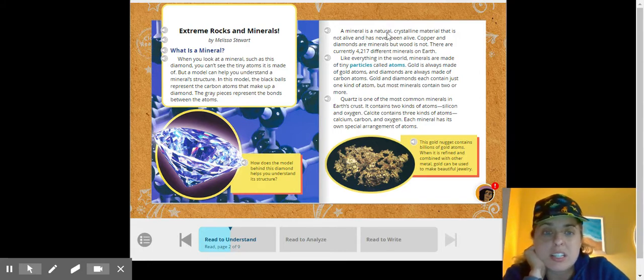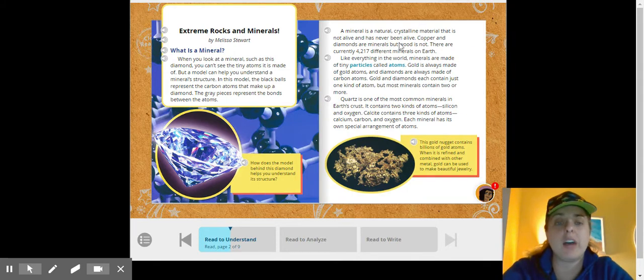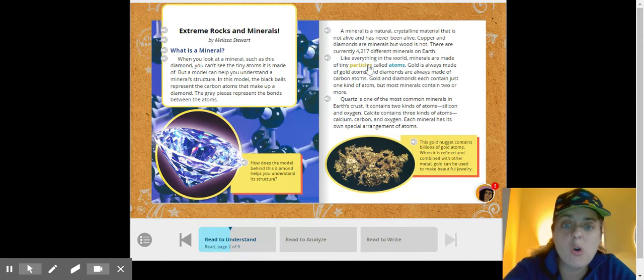A mineral is a natural crystalline material that is not alive and has never been alive. Copper and diamonds are minerals, but wood is not. There are currently 4,217 different minerals on Earth. Like everything in the world, minerals are made of tiny particles called atoms. Gold is always made of gold atoms, and diamonds are always made of carbon atoms.